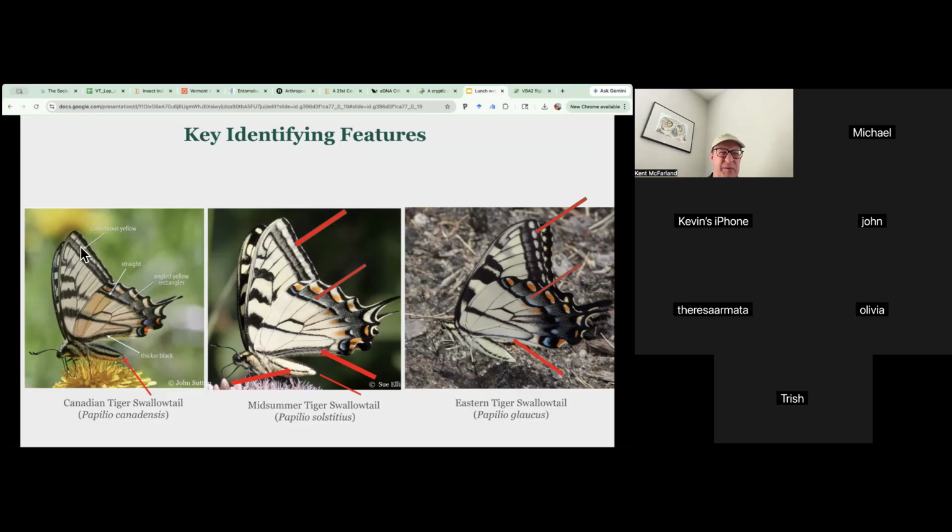And so it's this piece right here. It's how straight this line is right here. You can see it's really straight in a Canadian tiger swallowtail, slightly not straight in midsummer tiger swallowtail, and there's a bend to them. They're a little concave. If you look at these little lunules right here, these little marks, they're kind of squarish here, or rectangular, I should say.